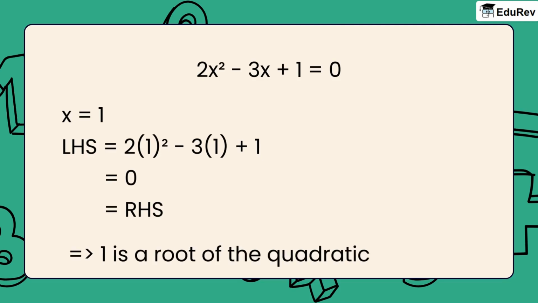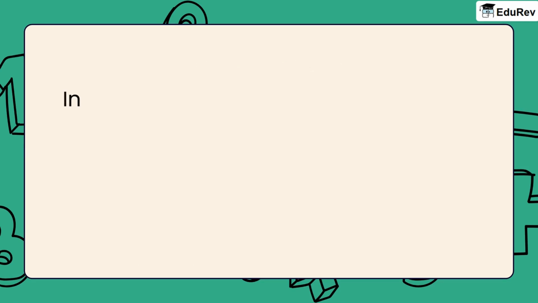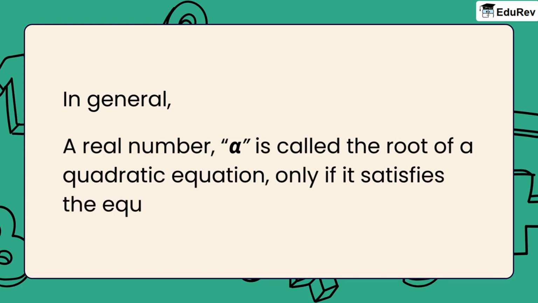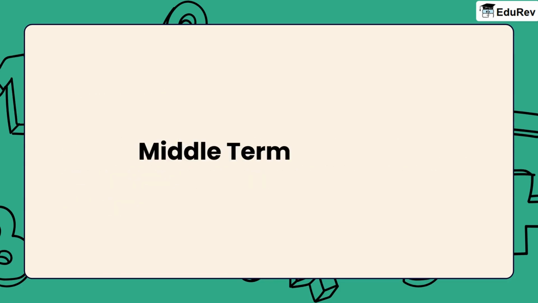This implies 1 is a root of the quadratic equation. So, in general, a real number alpha is called the root of a quadratic equation only if it satisfies the equation. The method of factorization we are going to study is called middle term splitting.